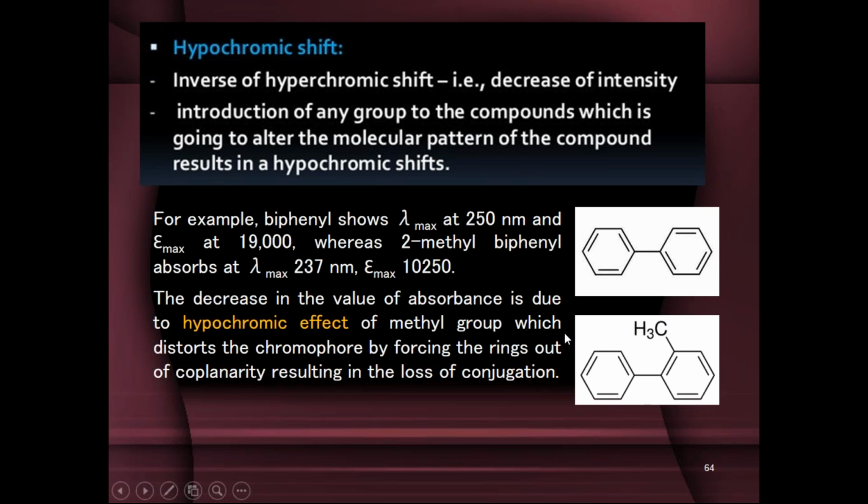But here, because the whole molecular pattern of the compound is disturbed, the chromophore itself is going to get distorted because of loss of conjugation. The double bonds are going to shift, and because of this, you will see a hypochromic effect. So this is also one example of hypochromic effect. Other cases, you can also say whenever hypsochromic shift takes place, then it is generally also accompanied by a hypochromic effect.